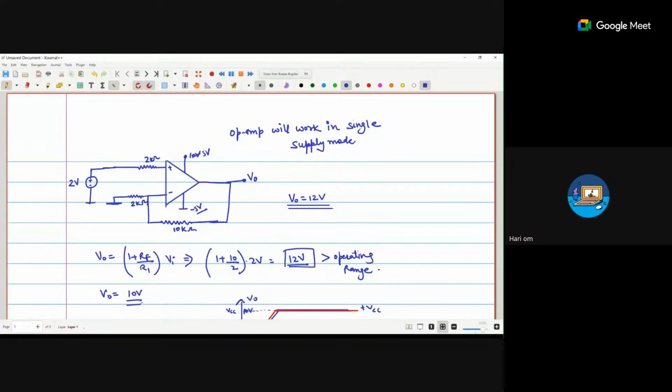Now what I do is shift the level by adding 5 volt to both supplies, so it becomes 10 volt and ground. When we shift the level, we have to shift the input signal also. Otherwise it may be possible that the range is negative or some higher range.